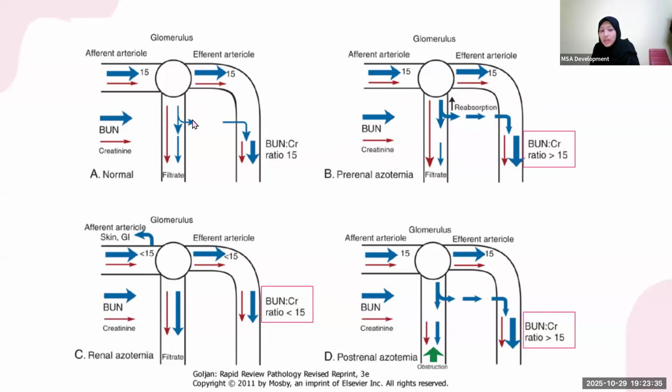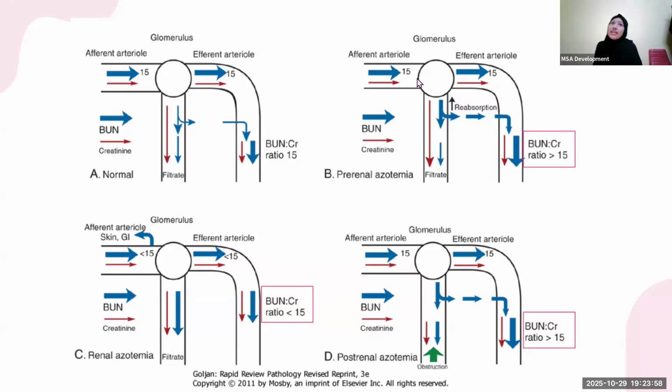So BUN reabsorption increases while creatinine is filtered normally because there's no reabsorption. So this reabsorption of BUN increases the BUN to creatinine ratio to more than 15. So if you see that, and if the causes are things like myocardial infarction, hypotension, dehydration, this is pre-renal azotemia.